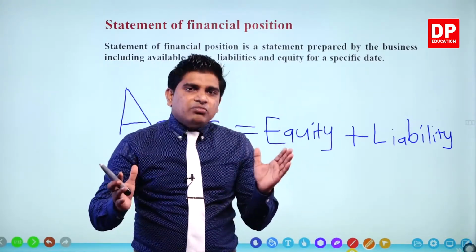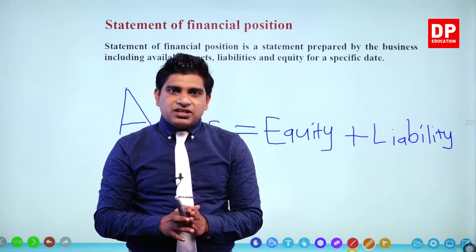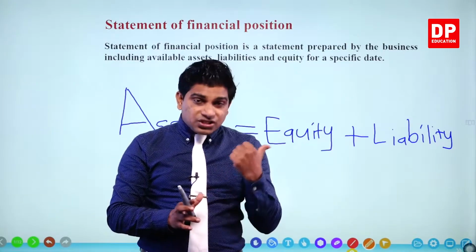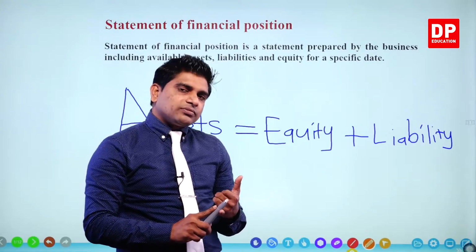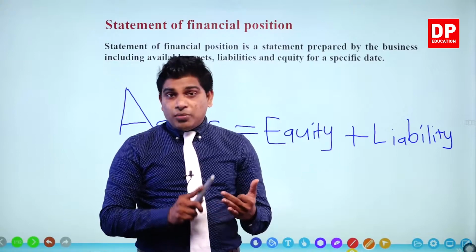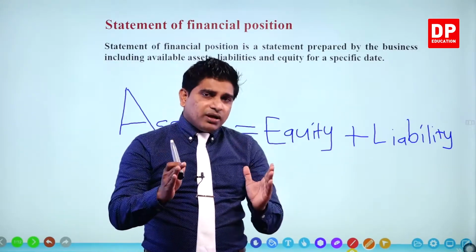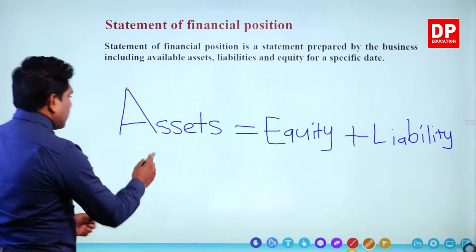It's like a statement, so that's why we say statement of financial position. Actually, it shows the available assets of the business, the value of the assets, how much the equity of the business is, and how much the liabilities of the business are. But remember, we classify all the assets into two categories.